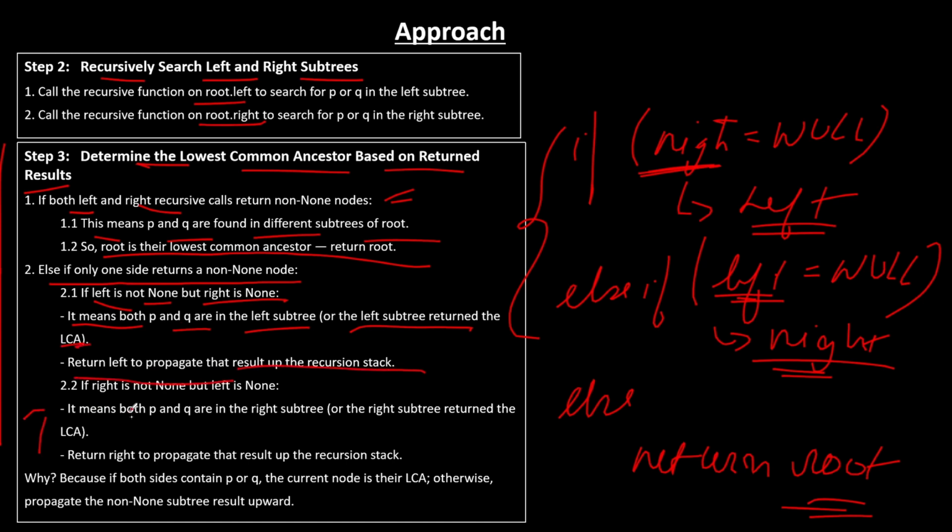If left is null, it means both P and Q are in the right subtree, or this subtree returns the LCA. So we return right. If both sides contain P or Q, the current node is the LCA. Otherwise, propagate the non-null value upward. This is the important thing. I wrote the code here.